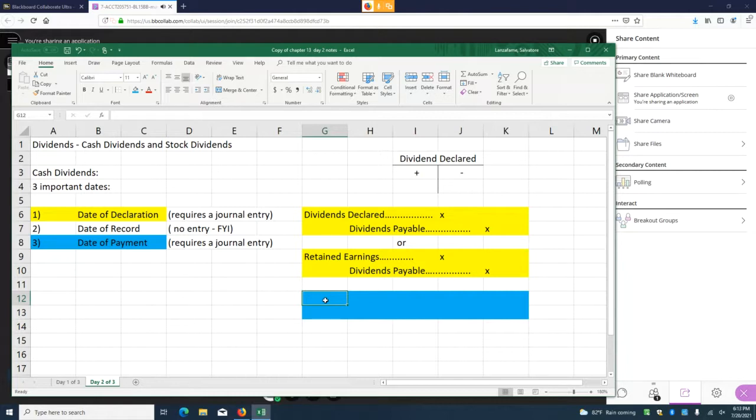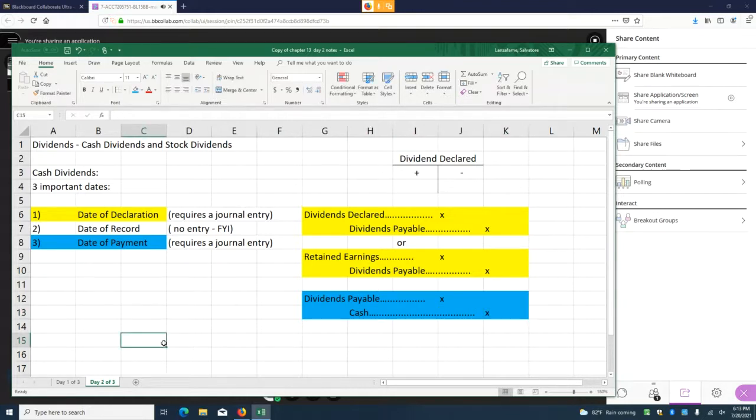Dividends payable. Whenever you want to get rid of the bull, you got to do the opposite. It's like closing. We're going to debit the bull. So in this case, when it's time to pay it, we're going to debit dividends payable, and we are going to credit cash. So that's the journal entry you would make on the date of payment.